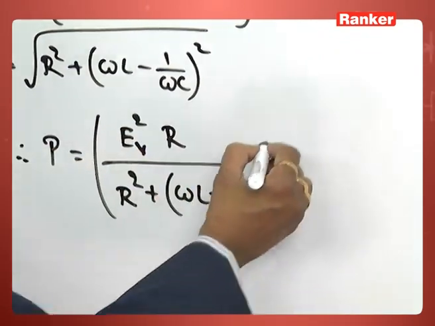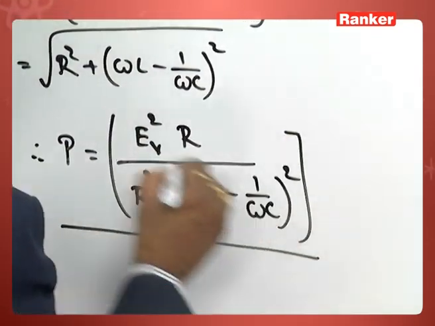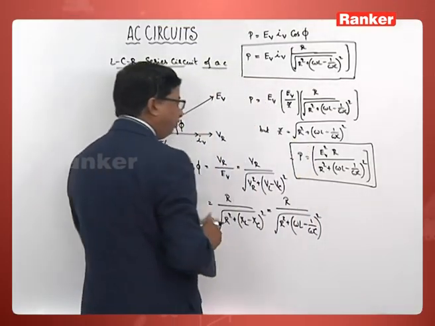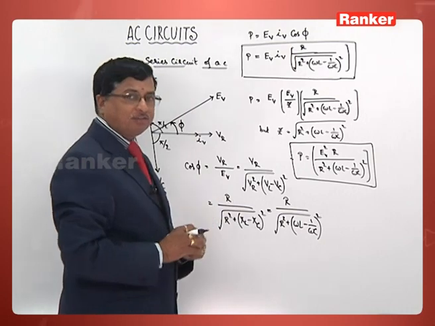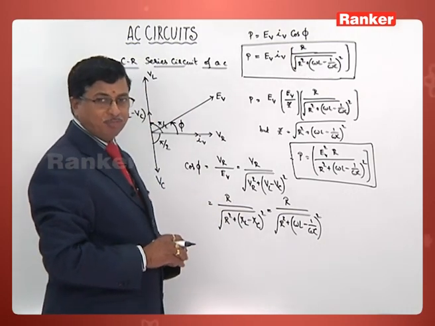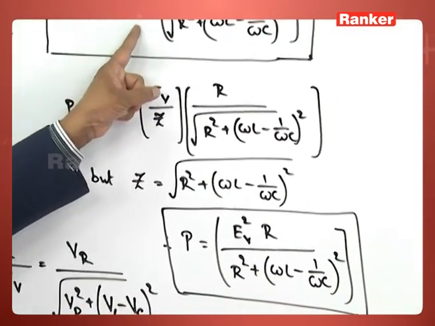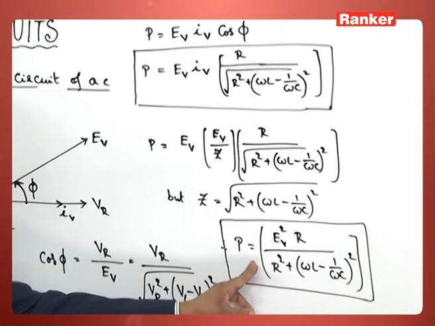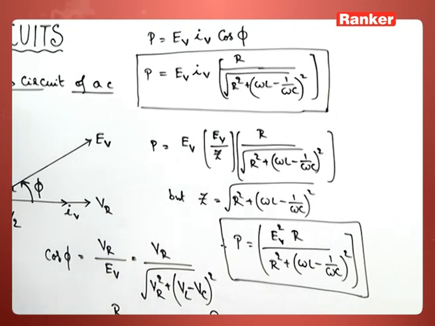This is the final version of the same formula for electric power. So, for power in an LCR series circuit, we can calculate either using this formula or using the other formula as well.